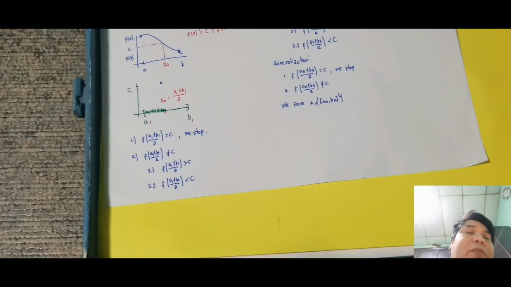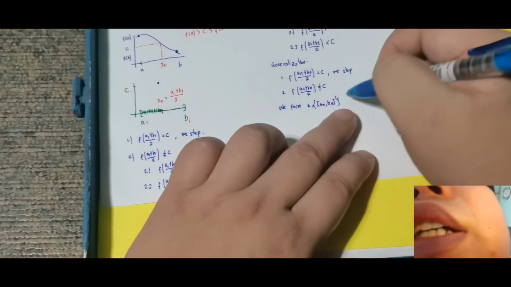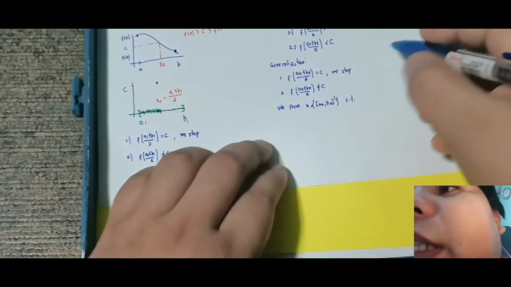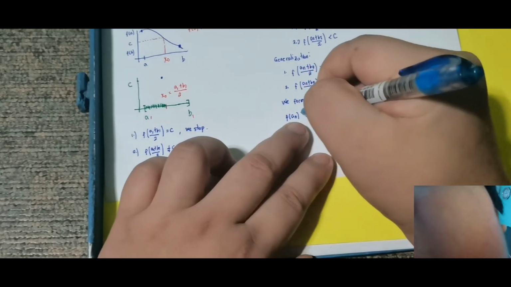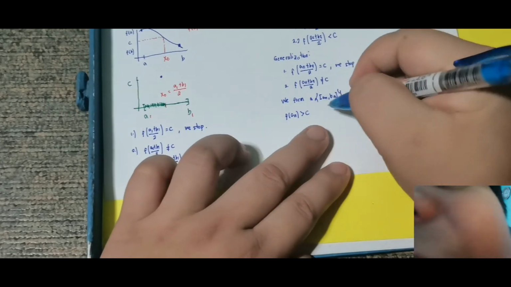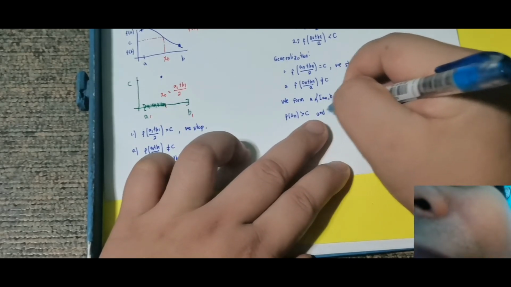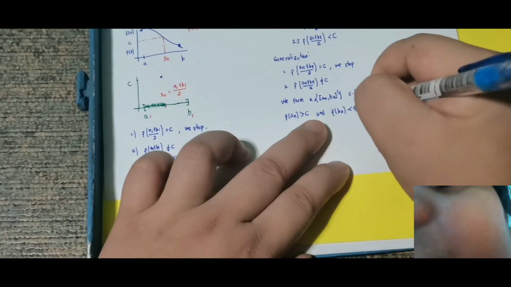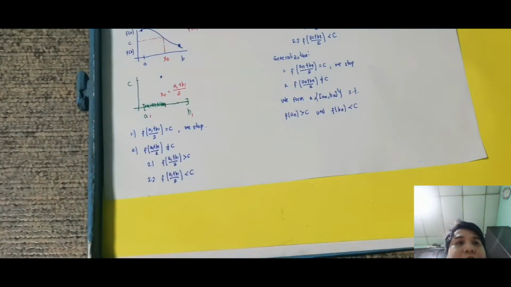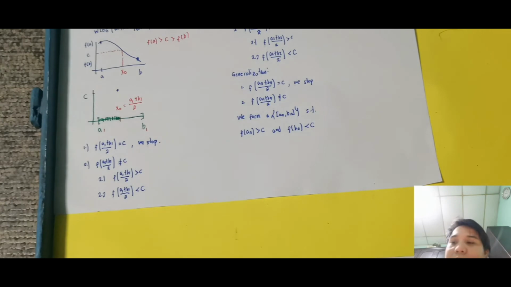So, interval na A sub 1, B sub 1, interval na A sub 2, B sub 2, interval na A sub 3, B sub 3, interval na A sub 4, B sub 4. Okay, such that sila ay nested, then such that yung f of A sub n is greater than C and yung f of B sub n is less than C. Okay, so ayun yung mga napo-form natin, na-generalize natin dyan.